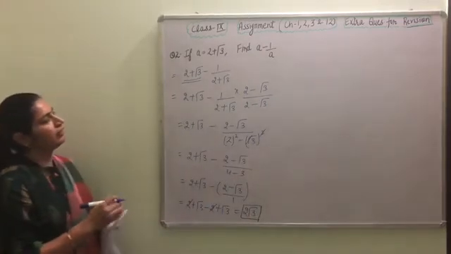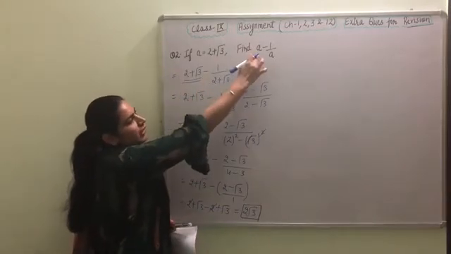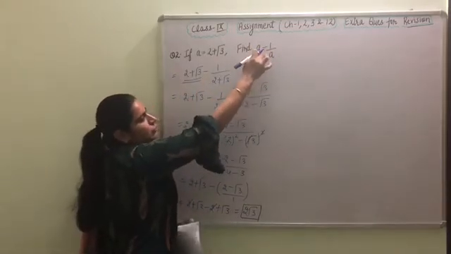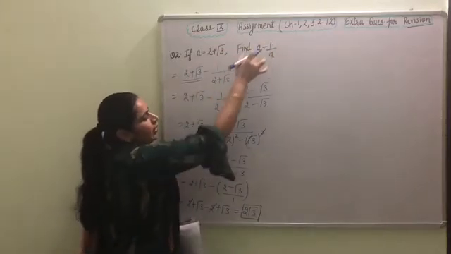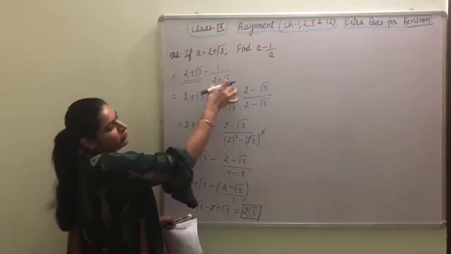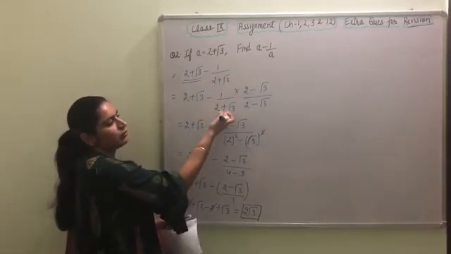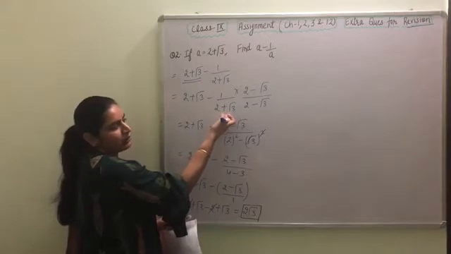Again I am explaining. The given value of a was given, the requirement was a minus 1 by a. We substituted the value of a, and 1 upon this value. We want to simplify this, so we want to remove this root. And how can we remove the root? By doing the rationalization. And how can we do the rationalization?